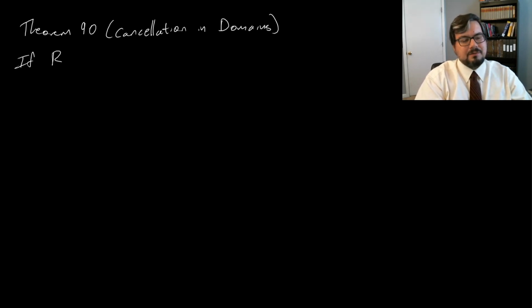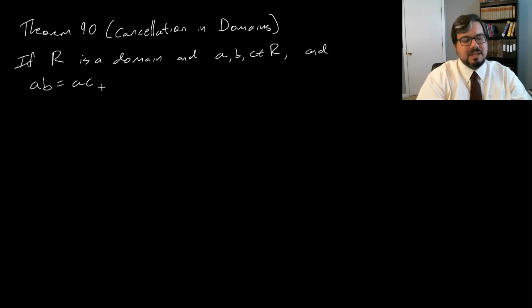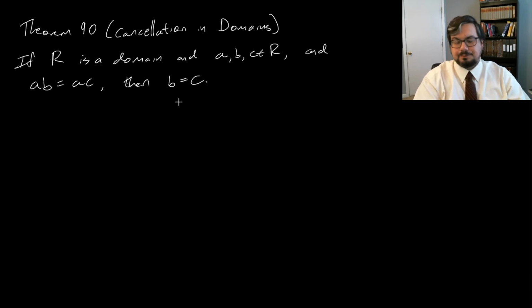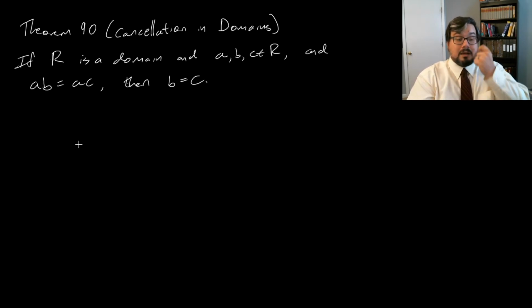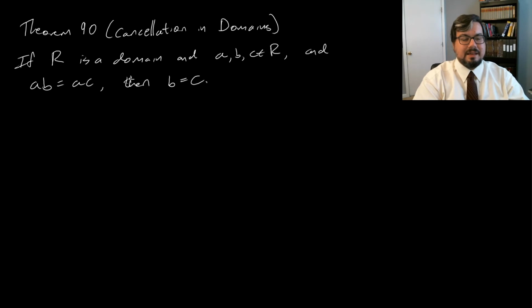It says if the ring R is a domain and a, b, and c belong to R, and a times b equals a times c, then b equals c. So this tells us that while a may not have an inverse, a may not be a unit in the ring R, as long as the ring R is a domain, then we can at least say that we can cancel them.